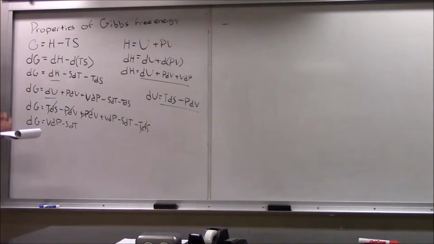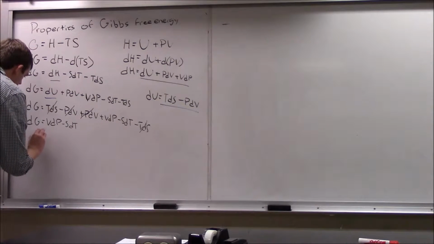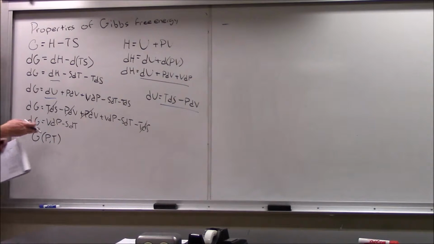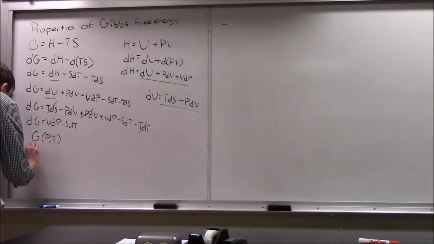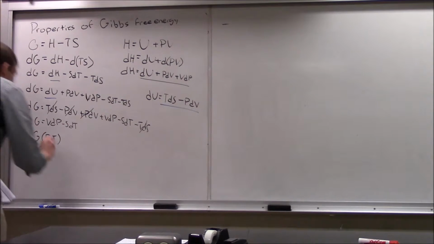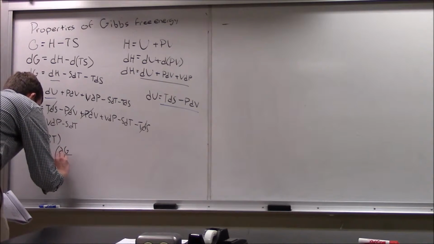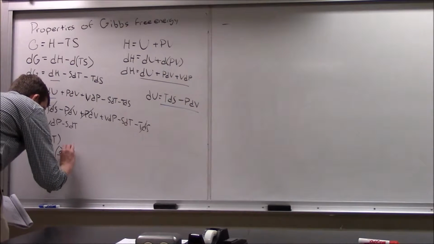Now, just like in the case for internal energy, we're going to figure out what the differential is for this. So what we see is that our Gibbs free energy here can be discussed as a function of pressure and temperature. Clearly, it depends on those two variables. So if we look at the differential here, we have that dG is equal to the partial derivative of my Gibbs free energy, well, I'll pick one of my variables, pressure first.